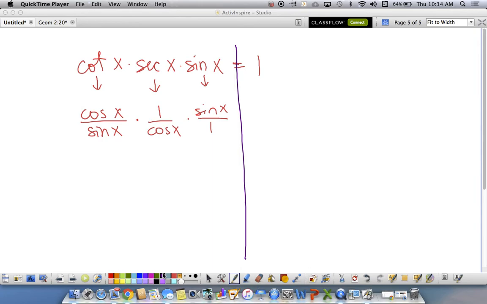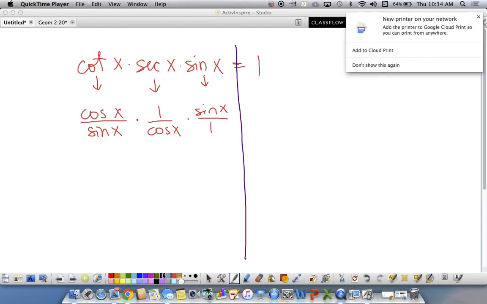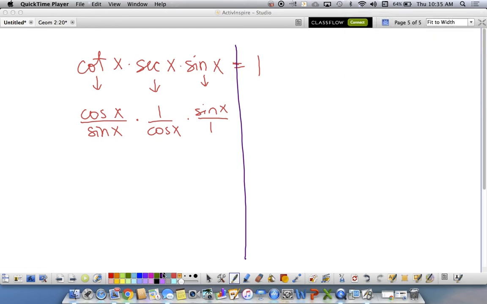Now, if you want to stop right here, if you want to multiply it, cosine times 1 times sine is cosine times sine. Bottom, sine times cosine times 1 is cosine times sine. Or I want to see where you've marked them out. I could have done that. It's okay, because cosine divided by cosine is 1.